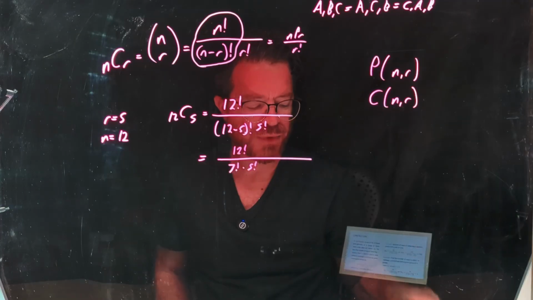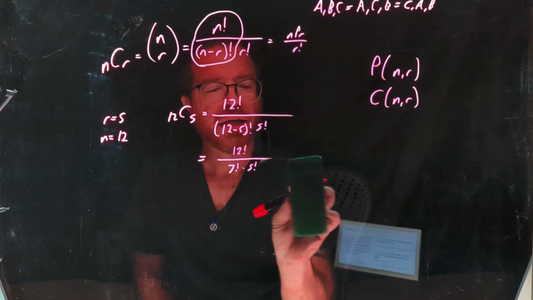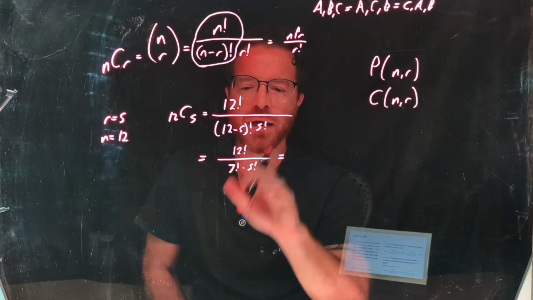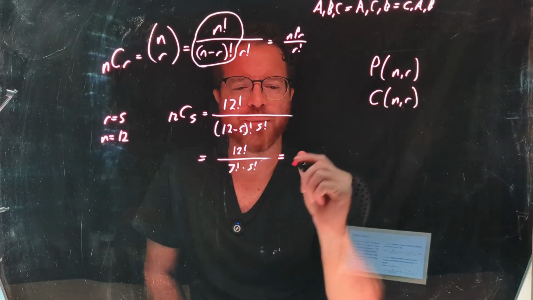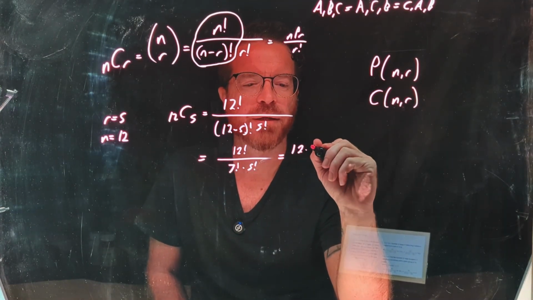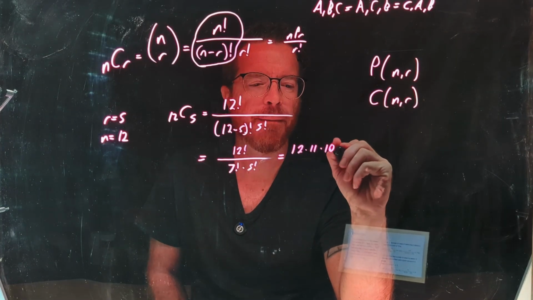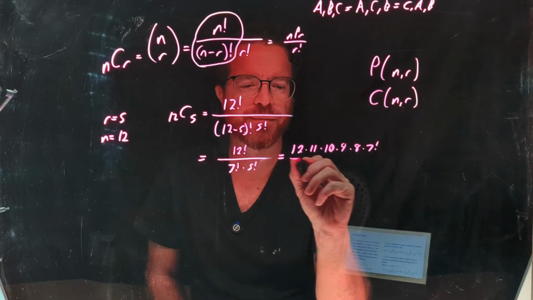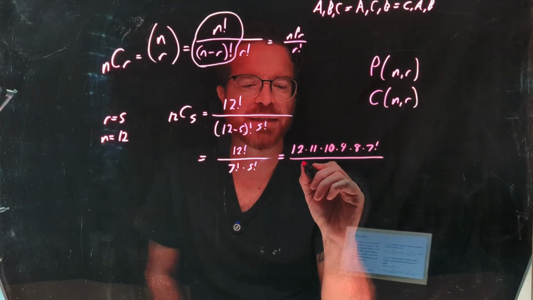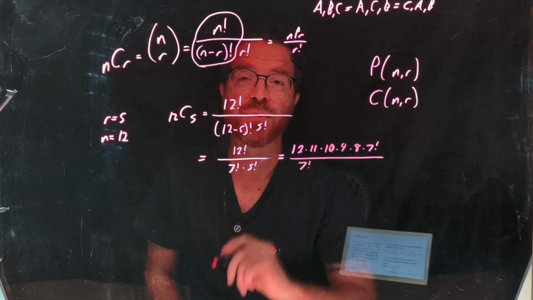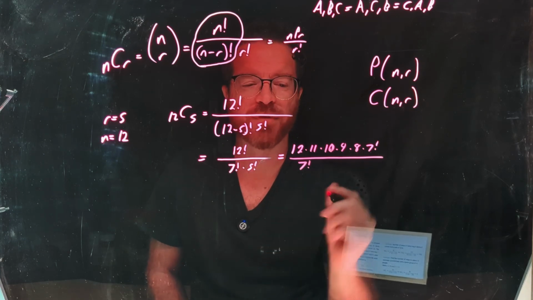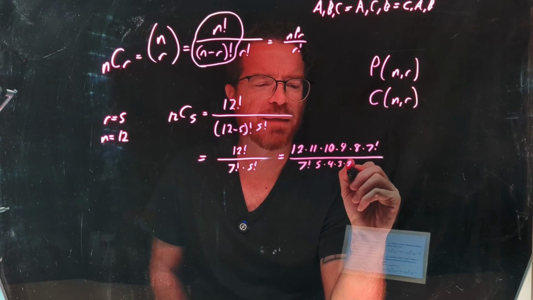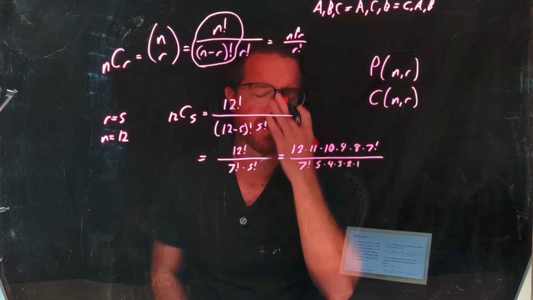Okay, so now what I would do is I am going to write out and expand the top, the numerator, up to the largest factorial. So this is going to be 12 times 11 times 10 times 9 times 8 times 7 factorial. On the bottom, I'm going to leave my 7 factorial alone, my biggest factorial, and then I will write out the smaller factorial. 5 times 4 times 3 times 2, and then times 1, even though it doesn't have any impact.